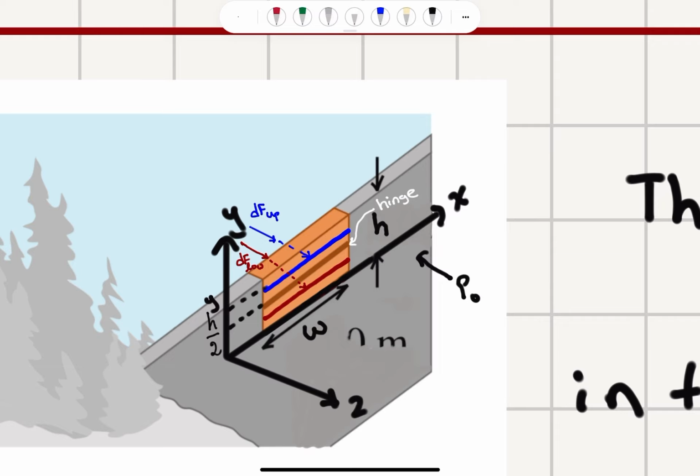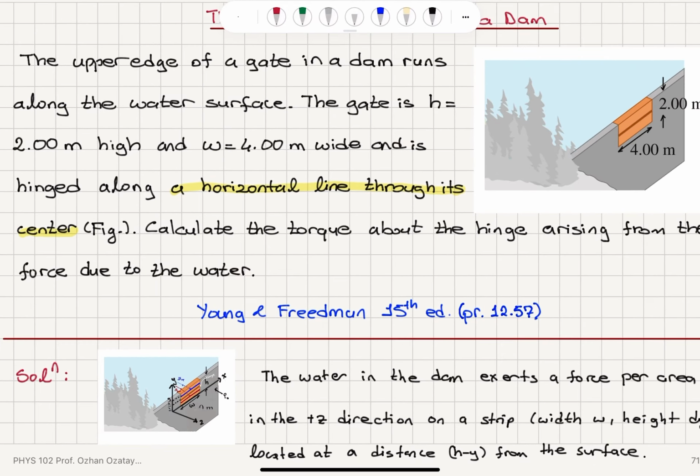And the water below the hinge will also be applying a force in the plus k hat direction. And if I take an incremental portion here with dy, you can see that this force will be applied. The force that will be applied will be equal to dF.